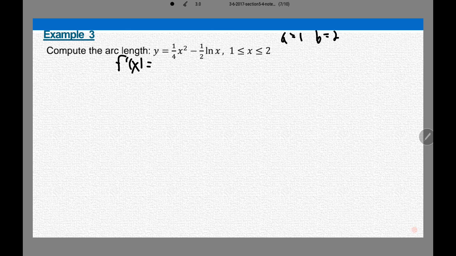Alright, so I take 1/4 times 2 and get 1/2. Reduce that power. And then the natural log of x, I'm going to do 1/2 of 1/x, so 1/2x is my derivative there.